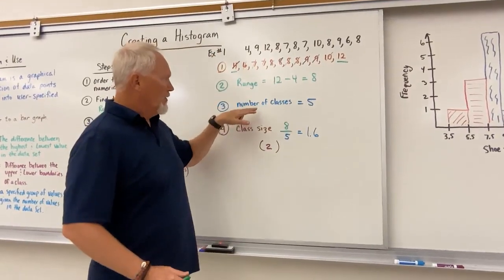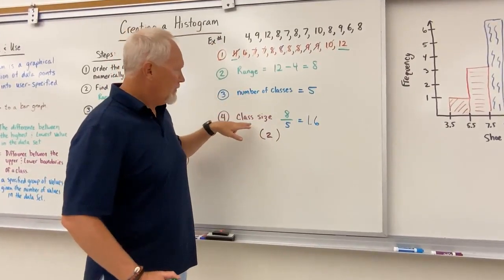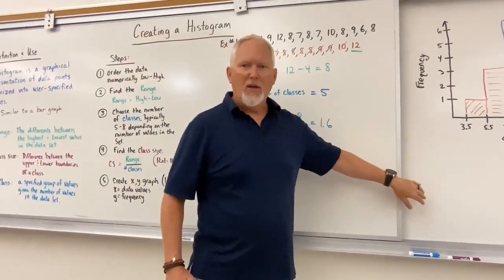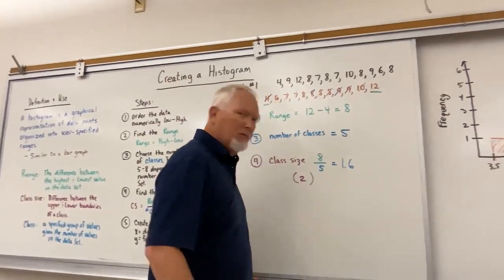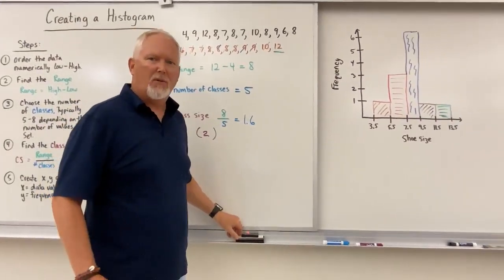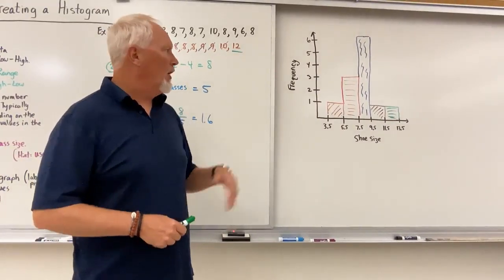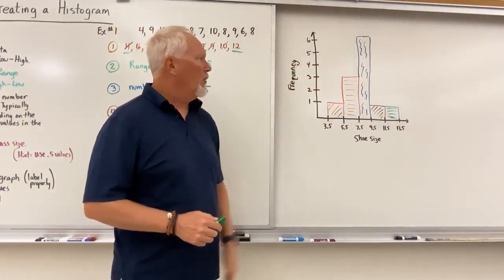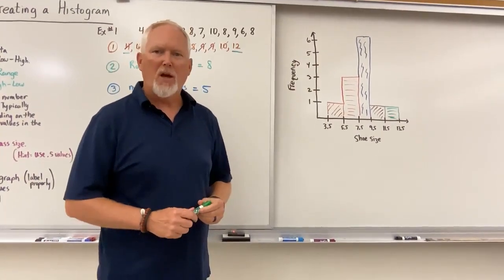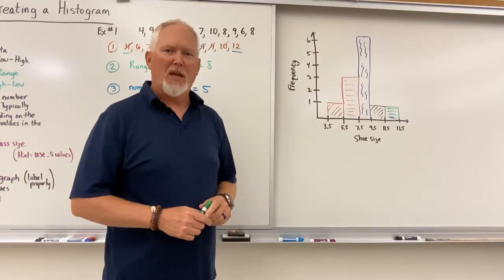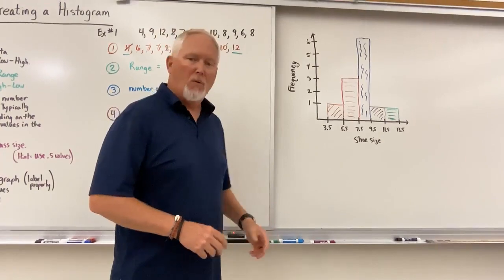Again, find the range, set of classes, class size, and then we can draw. And I'm kind of going all over the place today with this, but it's all right. And then we're going to draw our histogram. We're going to label it properly, and then we're going to create the colors in this. Okay? And that will give us the data for what we want in the histogram.